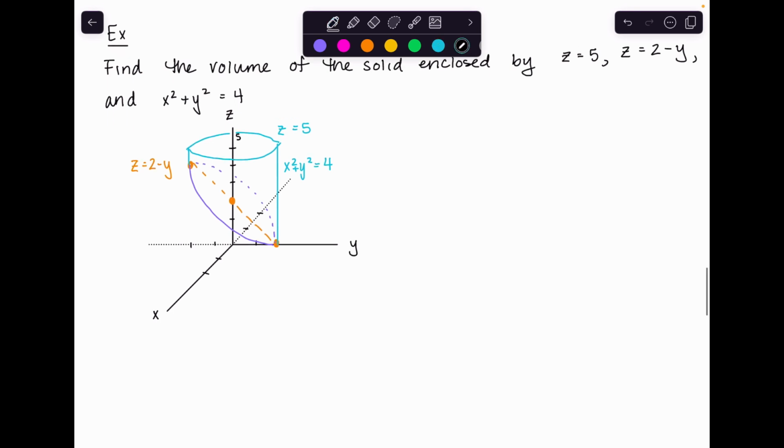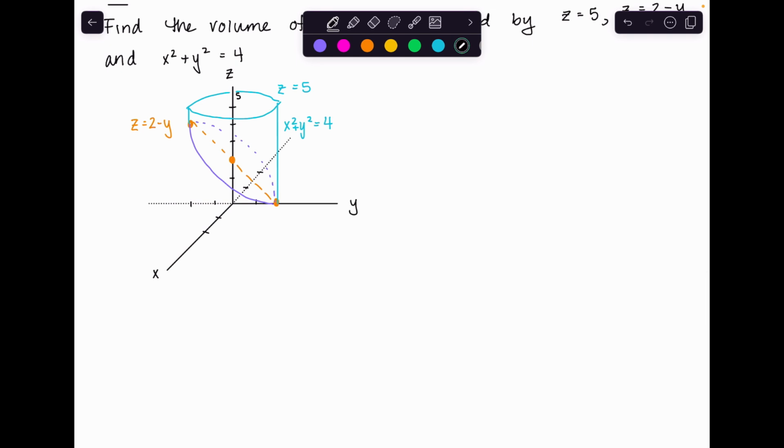Okay. So before I get into finding the bounds, we have to figure out what the inside function is. It is a double integral over some region R. We'll figure that out in a minute. What I need here is the height of my function.